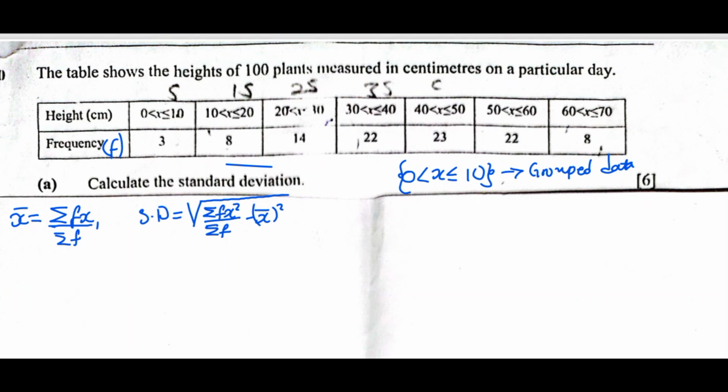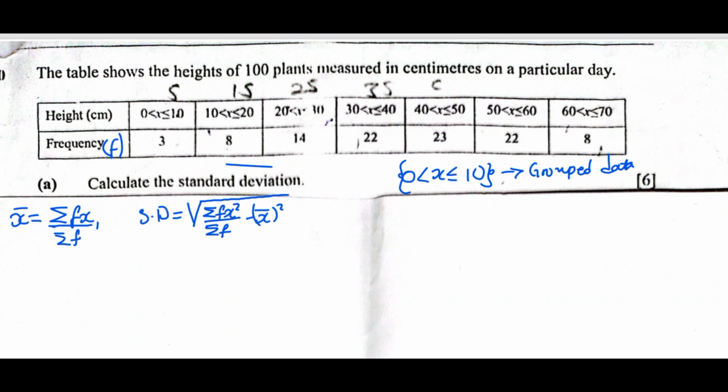So this is the formula that we are going to use. We first begin by finding the mean, then the expression of summation of f x squared over summation of f, and then we'll find our standard deviation.